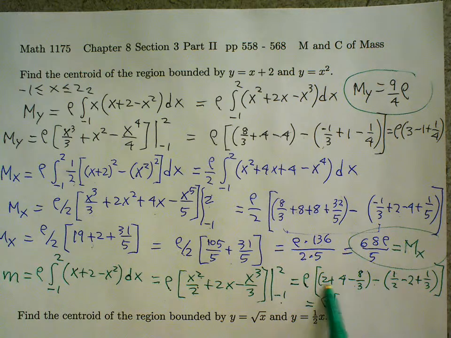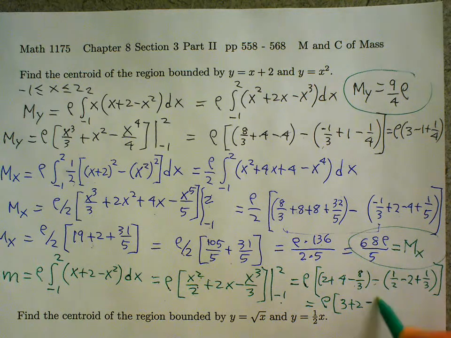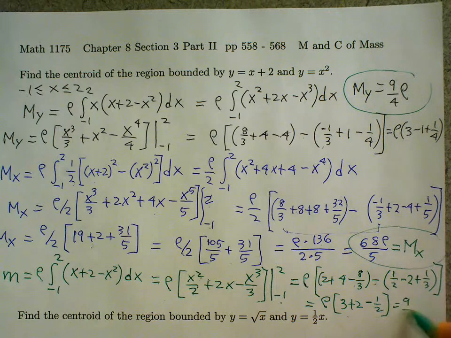So 2 plus 4 is 6, minus 3 is 3. And then we're subtracting negative 2, so we're adding 2 and then subtracting 1/2. So this is 4.5 rho, or 9/2 rho.